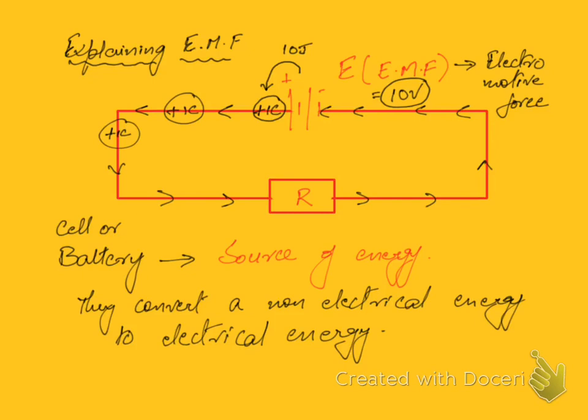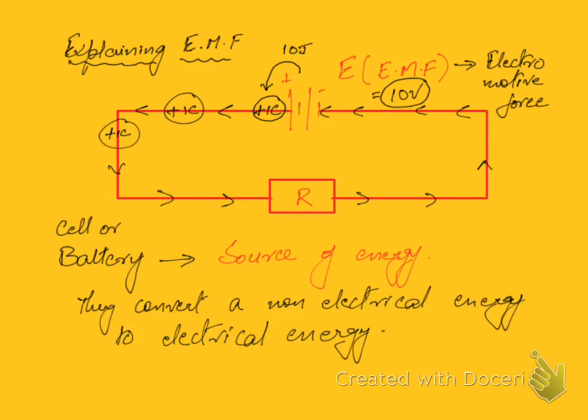So when I say EMF, it means it is the energy provided by the battery to the charges, and this energy is used by the charges to move through or to be driven through the complete circuit. 10 volts would mean 10 joules of non-electrical energy converted to electrical form. This electrical form of energy is possessed by the charge. They will use this energy and they will move through the complete circuit.